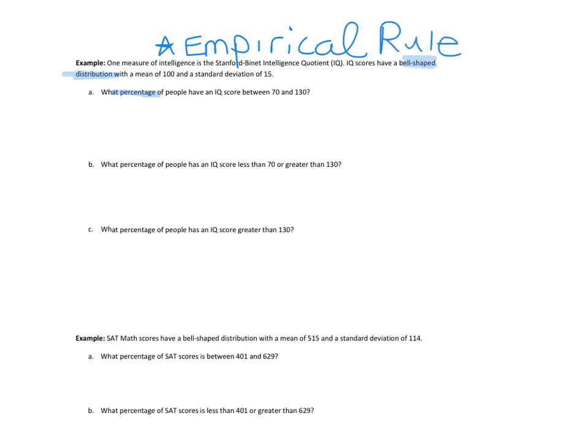So let's create our curve. It's roughly bell-shaped, so I'm not going to do the histogram bars, I'm just going to do the curve. So roughly bell-shaped means the mean would be right here. What is the mean? 100. And this is what we have to do for these types of questions. We have to figure out the bell-shaped curve. So let's add and subtract standard deviations, because that's what the empirical rule is.